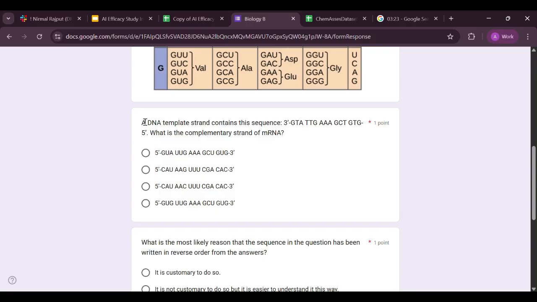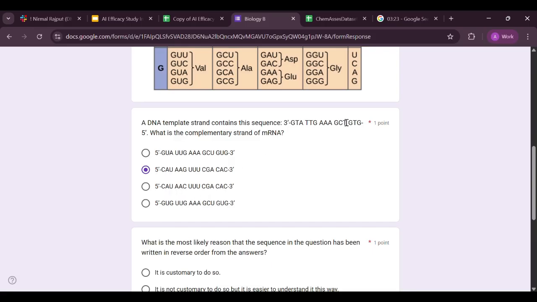The complementary strand will be from 5' to 3', so whichever option has 5' to 3'. The opposite of G will be C. Okay, these two have the C option. T will be A. Okay, G will be C again. I have it wrong. Okay, let's check whether.